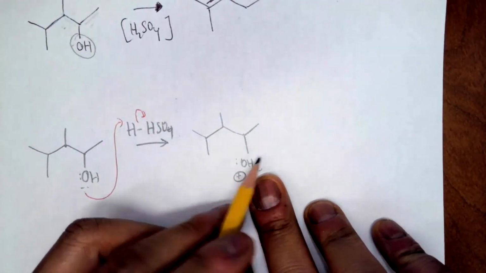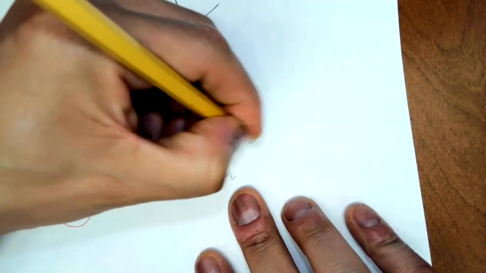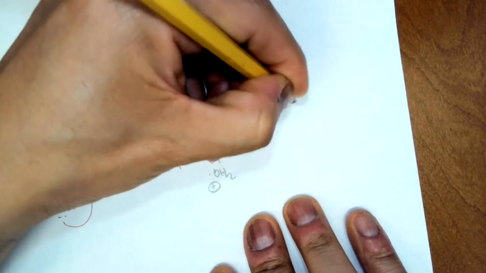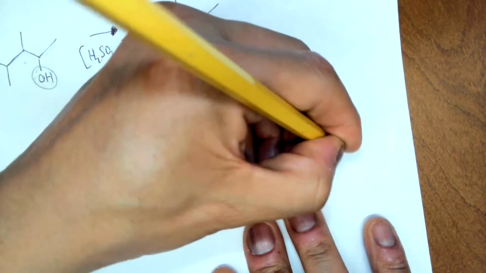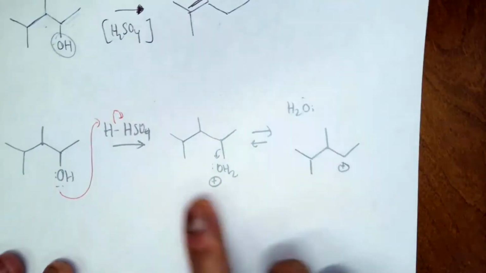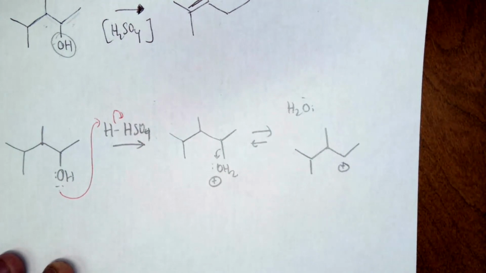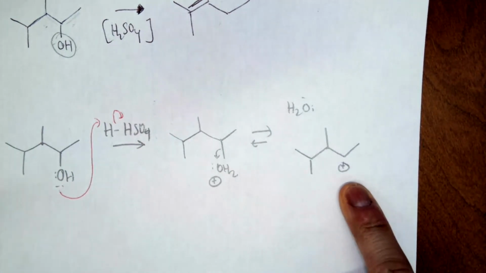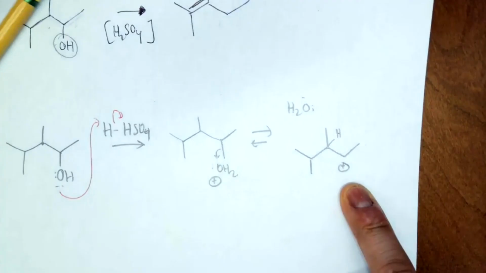A secondary substrate can do E1. It dissociates and forms a carbocation, which is secondary. The secondary carbocation can do a carbocation rearrangement, secondary, tertiary, primary. The hydrogen migrates.